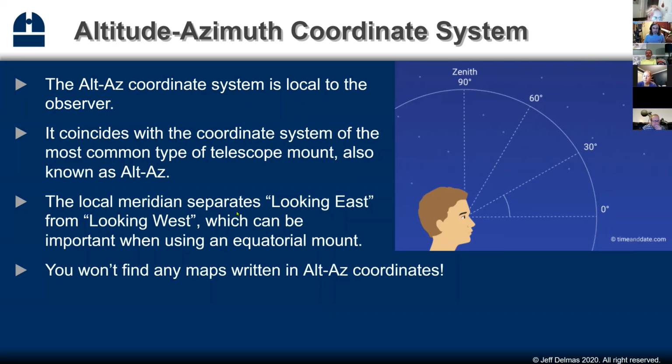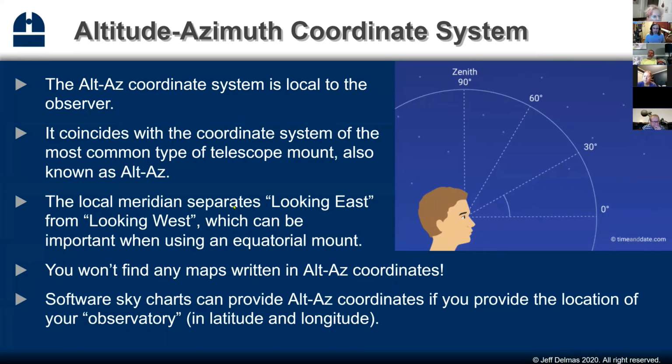Now, you're not going to find any maps written in Altaz coordinates, because since the Altaz coordinate system is relative to the observer, the map would change everywhere you moved. Not by moving around in a circle or something like that, standing in one spot on the Earth, but as you move from one spot to another on the Earth, and time gets into it as well.